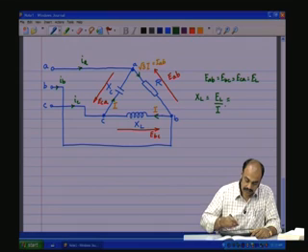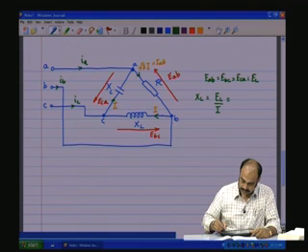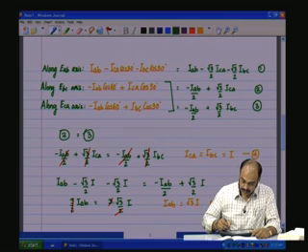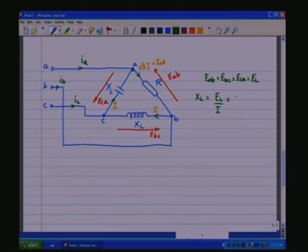Now, I is nothing but IAB by root 3. So, this is EL by IAB by root 3, which is into root 3.